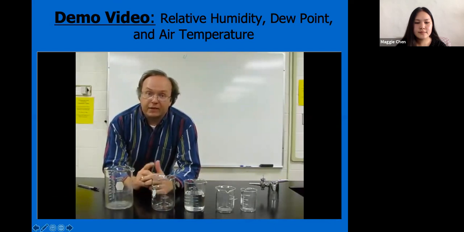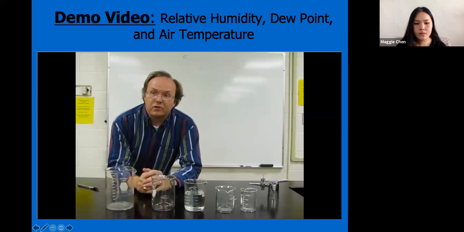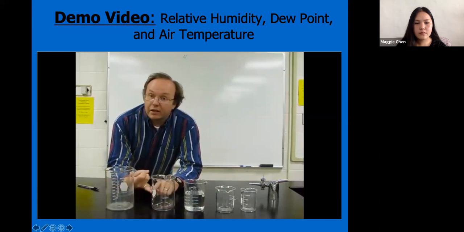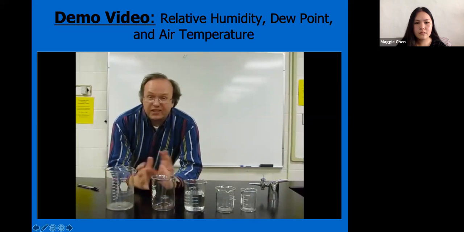And it turns out that the relative humidity really depends on the temperature. Now it's important to think of air a little bit differently than maybe you usually do. Air consists primarily of nitrogen, 78% nitrogen molecules, and another 21% oxygen, that's 99%. The other 1% is just a whole bunch of other stuff we're not going to worry about.